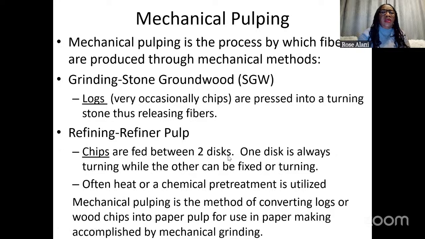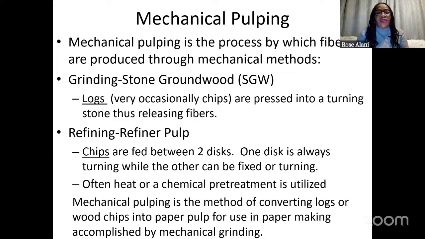So now let's look at the mechanical pulping process generally. It's a process by which fibers are produced through mechanical methods. Mechanical methods that we have here, one is the grinding stone ground wood, SGW, method.